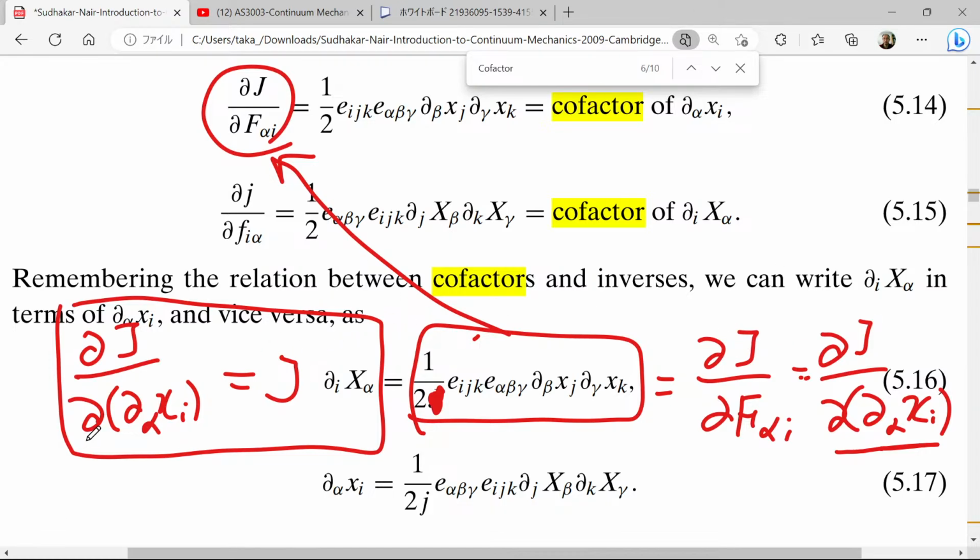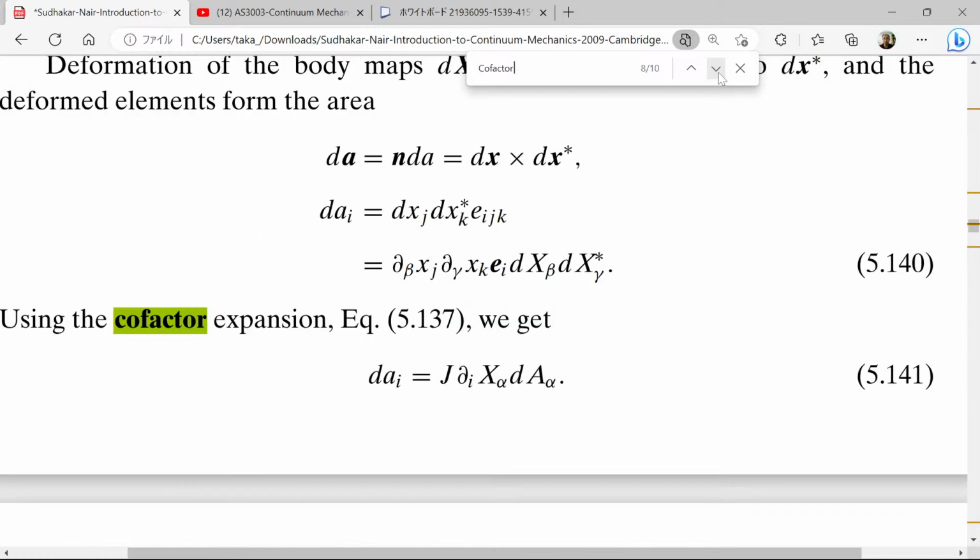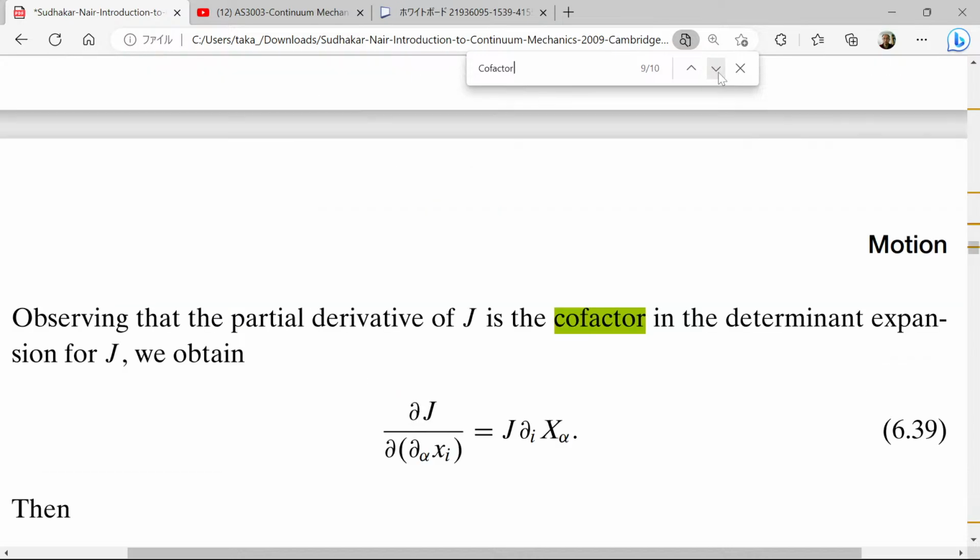So partial alpha small xi and partial alpha small xi is J partial i x alpha.